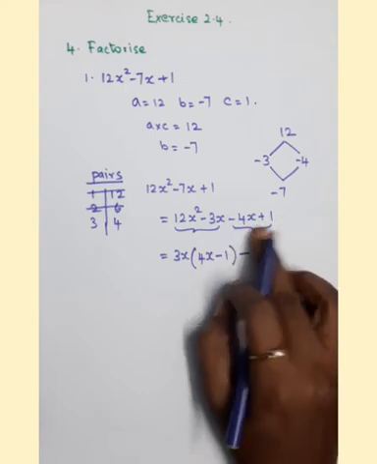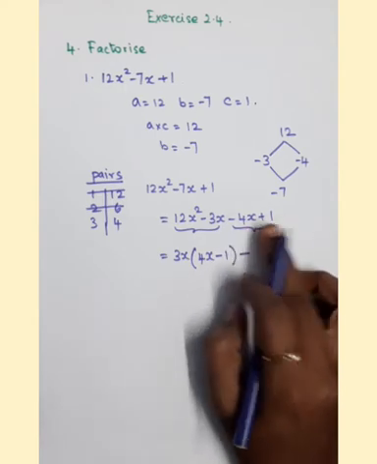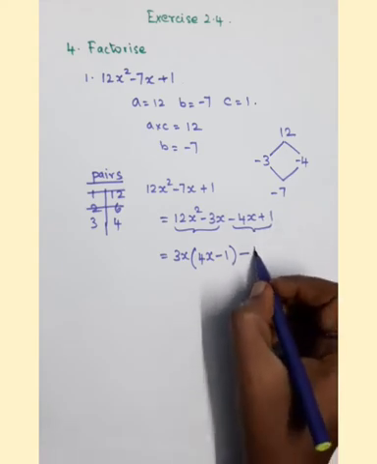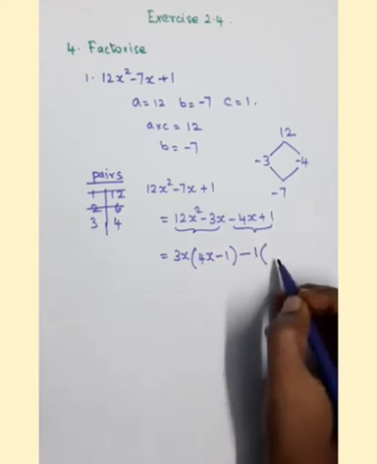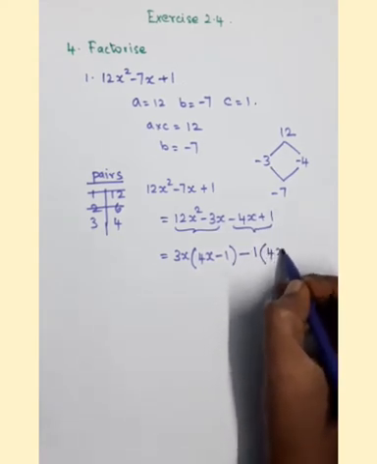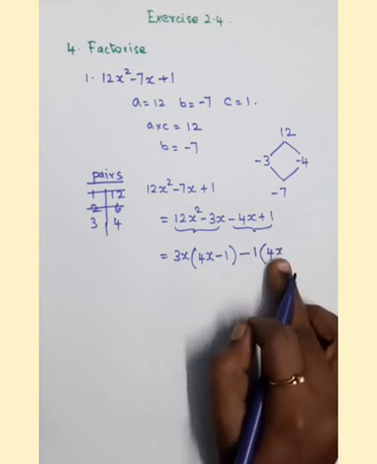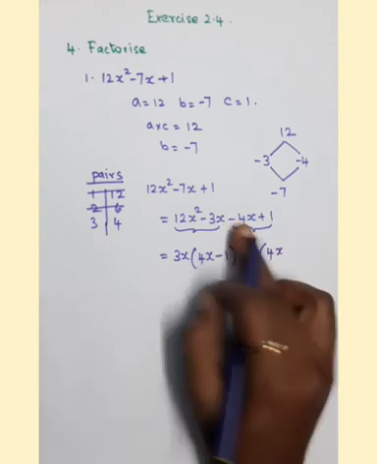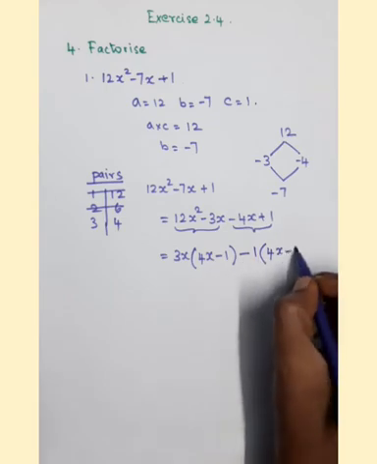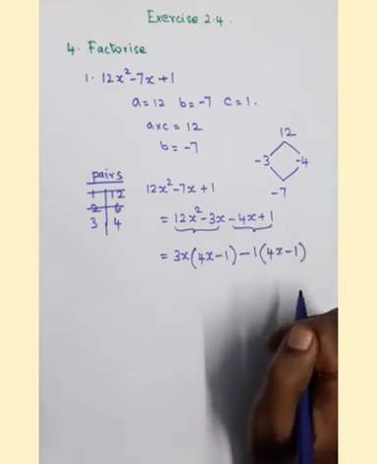In the last two terms you have 1 as common. So I am writing minus 1 as common and I am going to write this as 4x, because minus 1 into 4x will give you minus 4x. Minus 1 into minus 1 will give you plus 1 here.